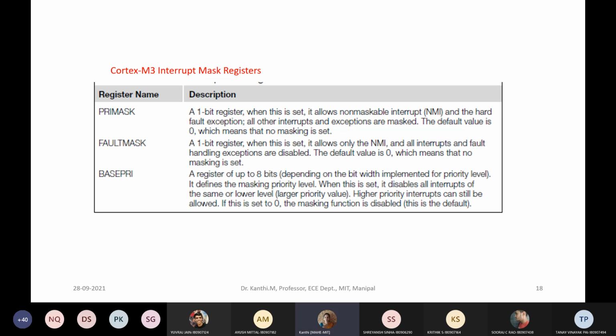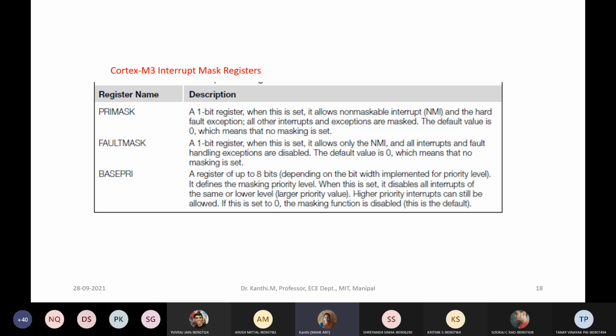As it is given over here, your primary mask is a 1-bit register. Please note that when it is set, it allows non-maskable interrupt and hard fault exceptions. There are hard and soft fault exceptions.